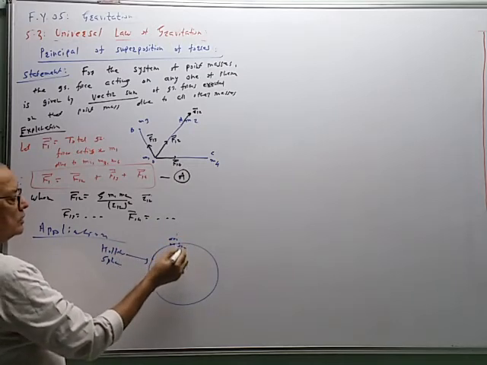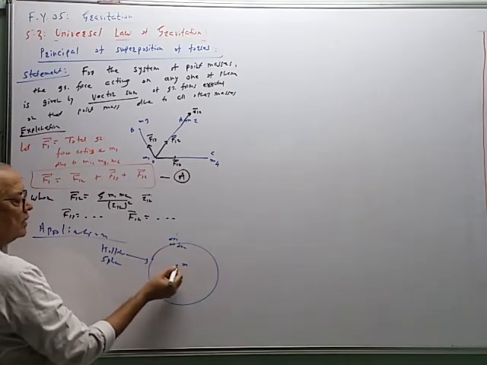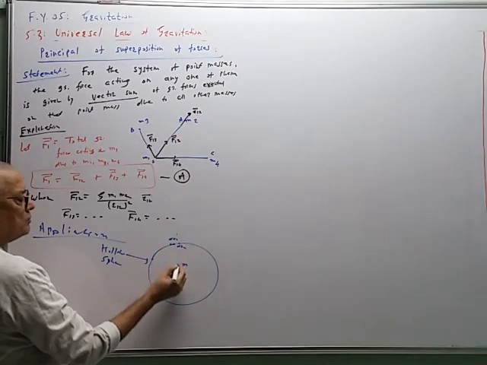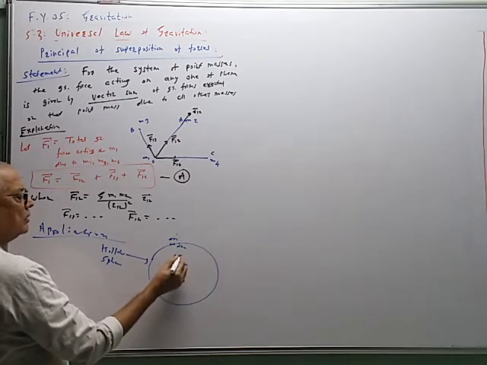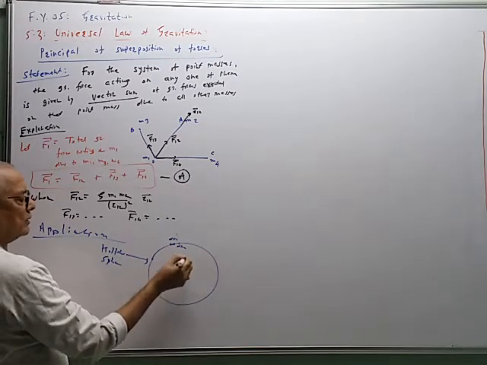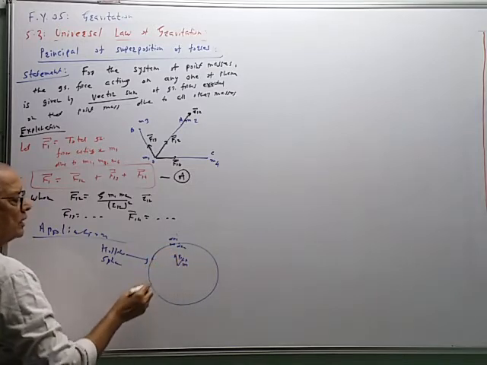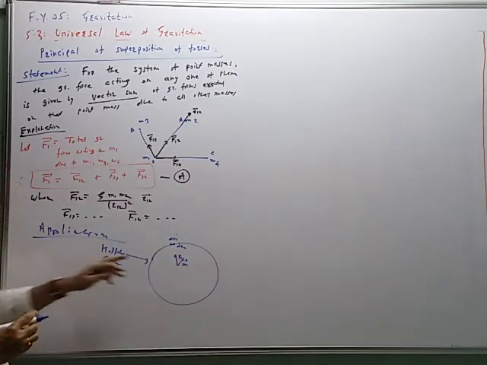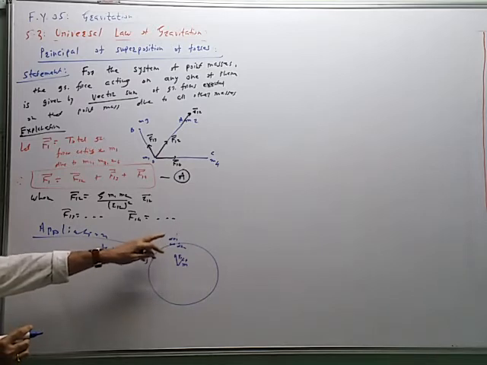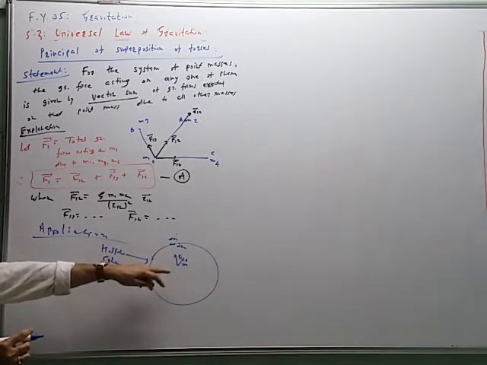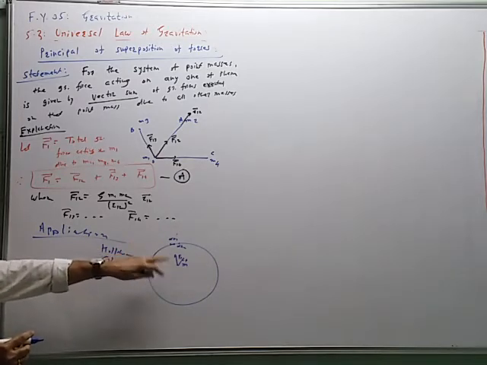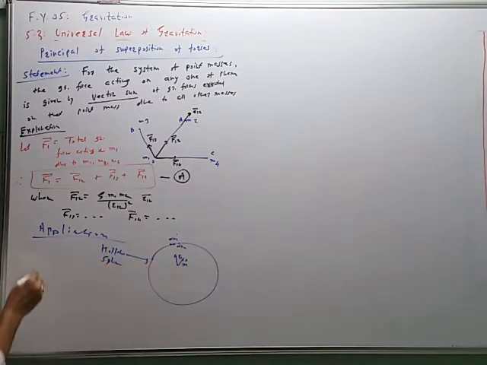It is divided into a number of elements. So between dm1 and m there is a force. It is a force of attraction. So this is the force F1. This is the force F2, like this. So there are n forces acting on m, and they are in different directions and of different magnitudes. So these are concurrent forces. They cancel, and therefore the resultant force acting on m is 0. So F is equal to 0.